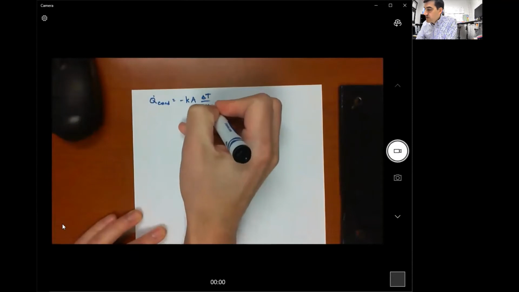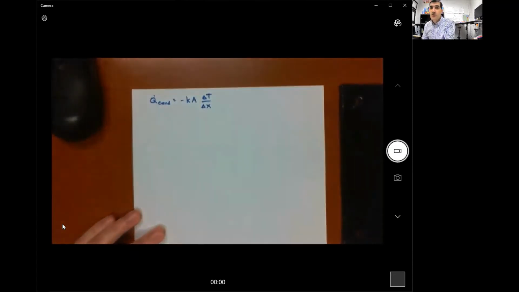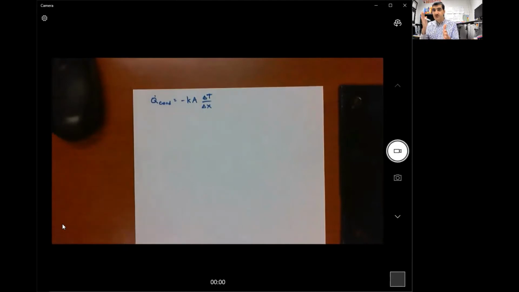And this is a perfectly valid and correct equation. There's nothing wrong with it. However, it's not clear how we could use this equation to solve a conduction heat transfer problem that gets fairly complex, like with multiple layers. Like the example in the homework problem was, let's say we got a layer of insulation and a layer of brick and a layer of plaster.